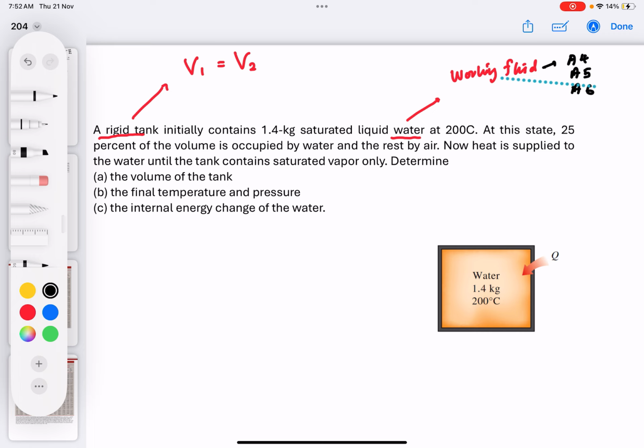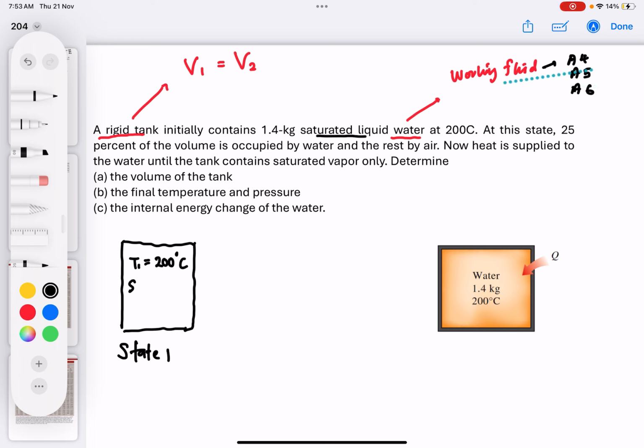So in this case, we have two states. Let me draw the diagrams. I will say that this is going to be my state 1. My state 1 here is given T1 equals 200 degrees Celsius, and it is a saturated liquid.